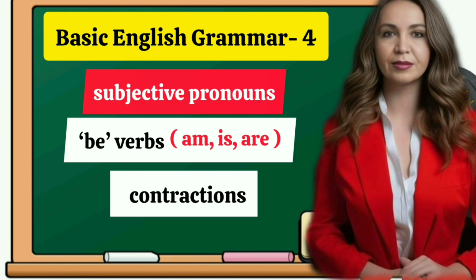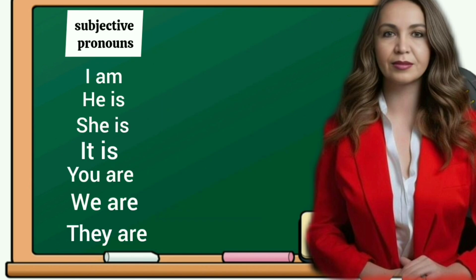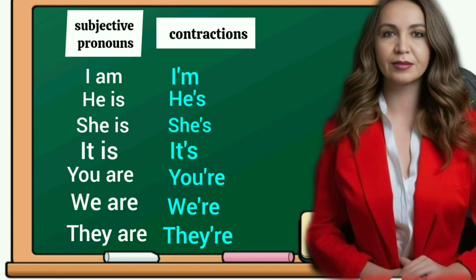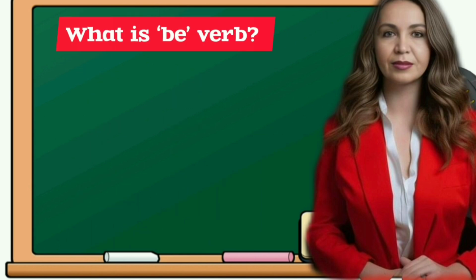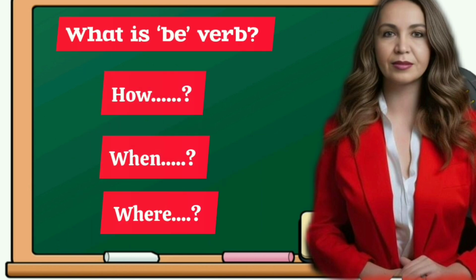Let us have a look here, and this is a recap of the previous video. First, we have the subjective pronoun, and next to it the be verbs: am, is, and are. I know what is in your mind. What is a be verb? How, when, and where to use it?